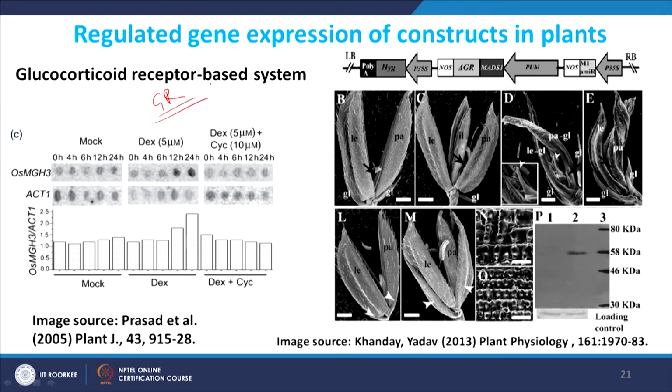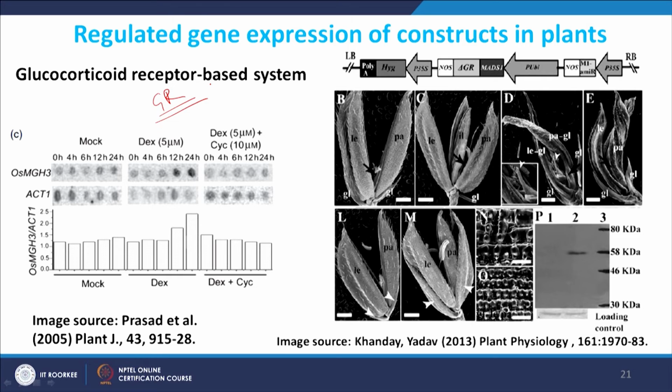Glucocorticoid is a steroid hormone in animals, and the glucocorticoid receptors are normally present in the cytoplasm. When they receive the hormone signal, only then do they enter the nucleus and activate their genes.